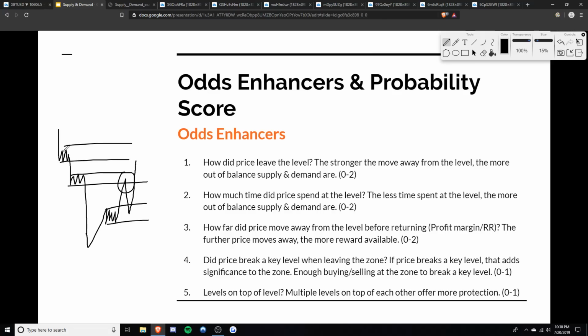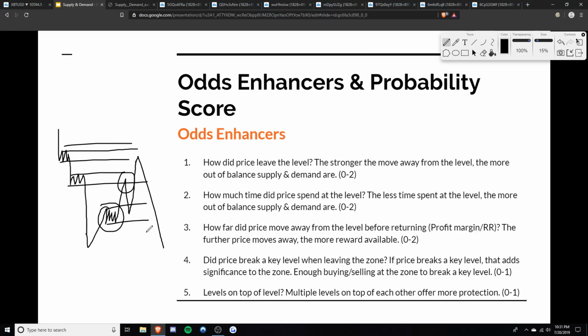If it comes back to this supply zone and then dumps, because this demand got consumed on this retest, and this supply got consumed on this retest, that's why price went higher and broke through that zone. Now this is the only fresh zone left. You have your stop above that and price finally reversed. So that's levels on top of levels, which obviously add more protection.